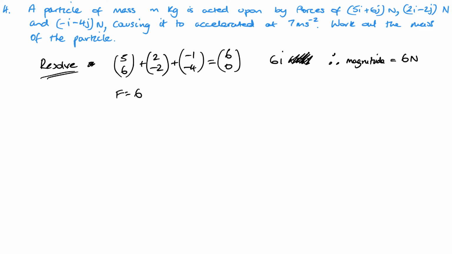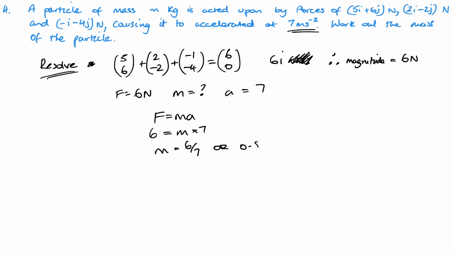So we've got F equals 6 newtons, we've got M we're trying to find, and we've got A, which is 7 from the question. So F equals MA, 6 equals M times 7, M is 6 over 7, or 0.86 kilograms to 2 decimal places there.